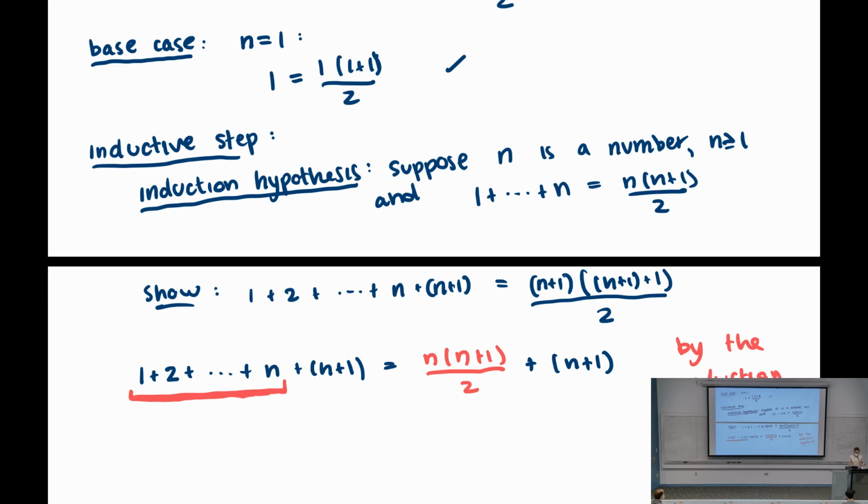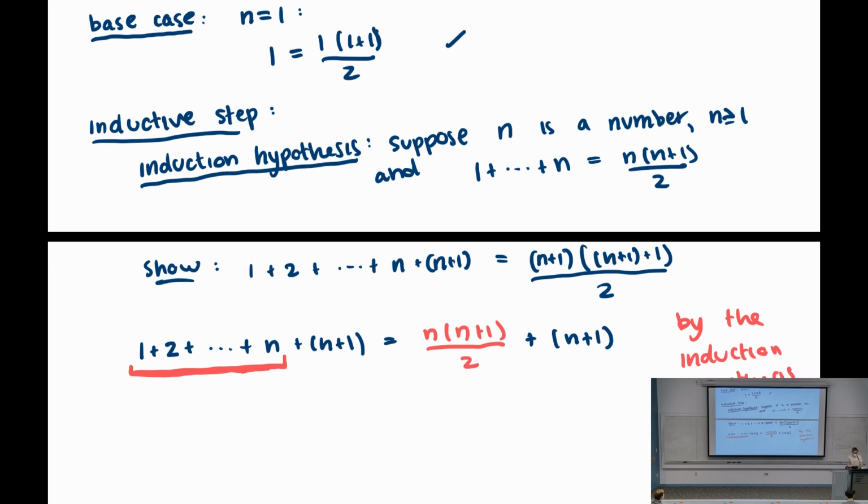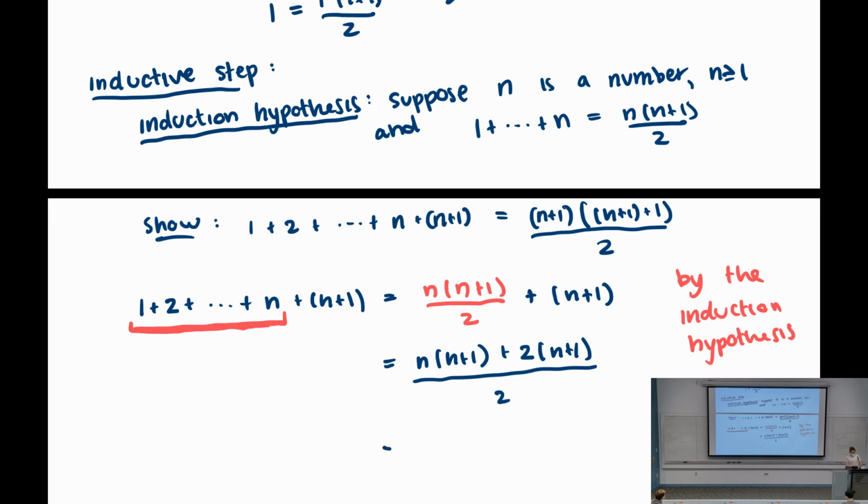Okay, and then we can simplify the right-hand side. So we get n times n plus 1 plus 2 times n plus 1, all over 2. And factoring out the n plus 1, this is just n plus 1 times n plus 2 over 2.